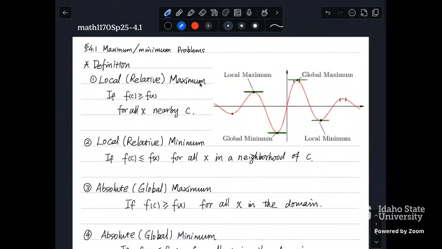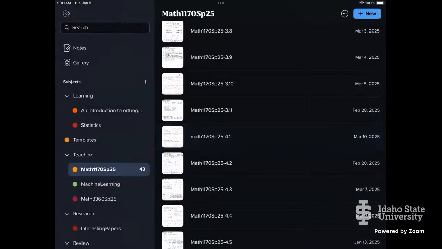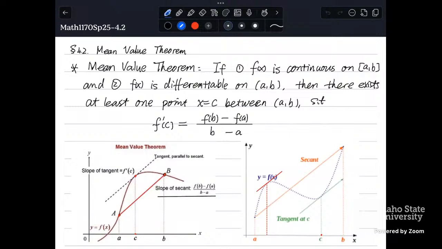The next section, we are going to discuss the mean value theorem. What does the mean value theorem say? The mean value theorem basically tells us that the first condition is that the function must be continuous on a closed interval.